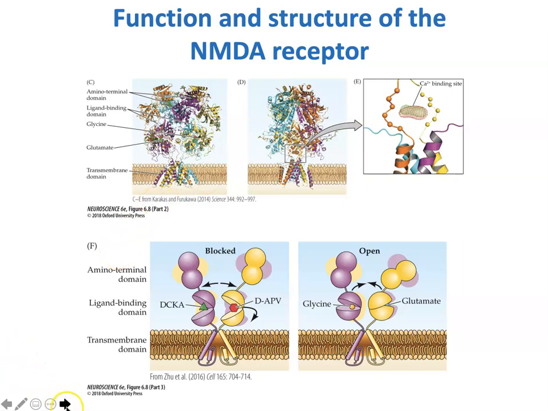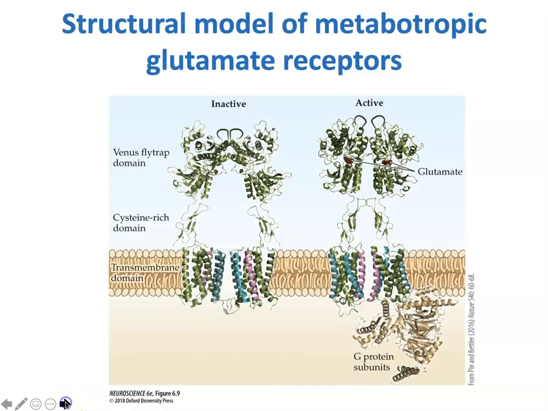So there are, as we said, the ionotropic receptors, the AMPA receptor, the NMDA receptor, the kainate receptor, and there are also metabotropic glutamate receptors. Whether we're talking about ionotropic or metabotropic glutamate receptors, the response of the cell is still excitatory, and so you're going to elicit an excitatory postsynaptic potential.